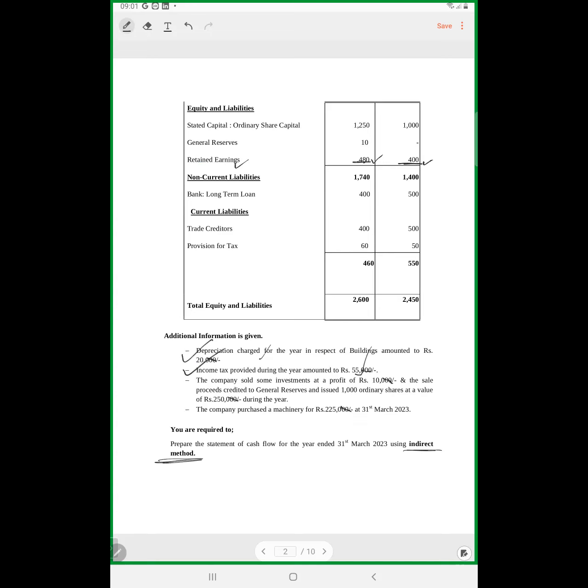So just see the first one, general reserve, you can see here, right? 10. So what is this 10? Actually, that is the investment profit we have credited to the general reserve. So that is wrong.